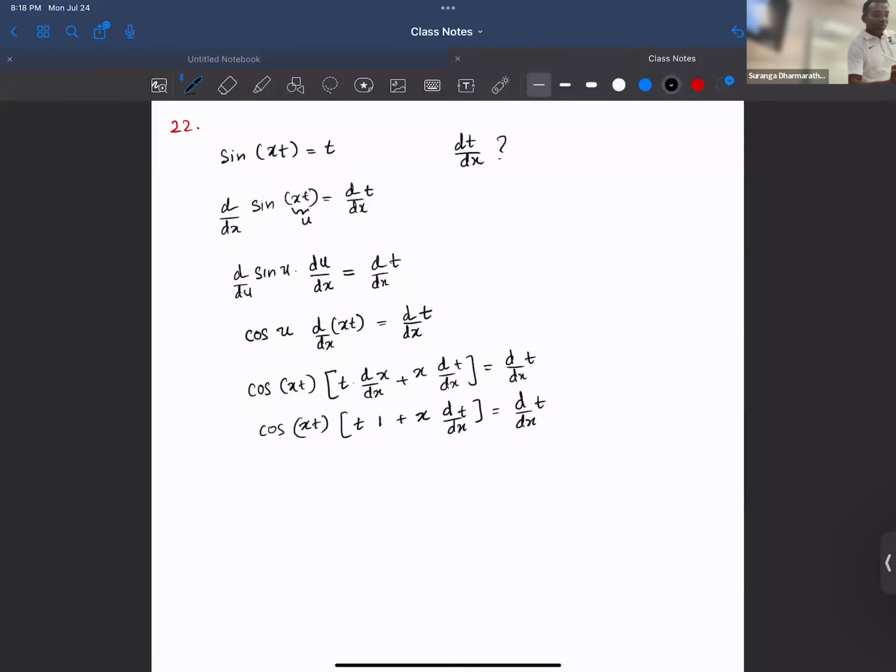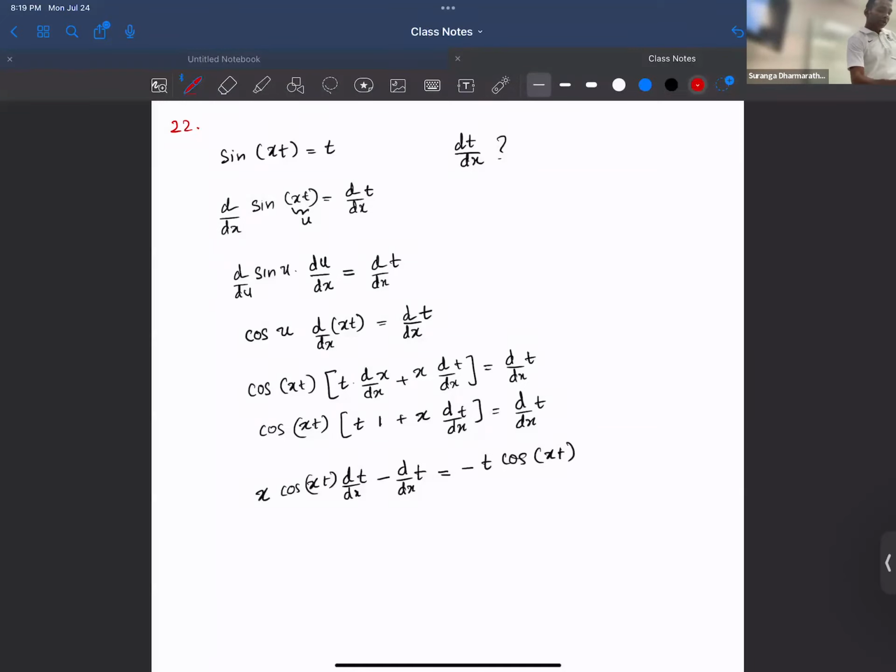So I'm going to move this d over dx term into the other side. So we have x times cosine xt d over dx t minus d over dx t equals negative t times cosine xt.